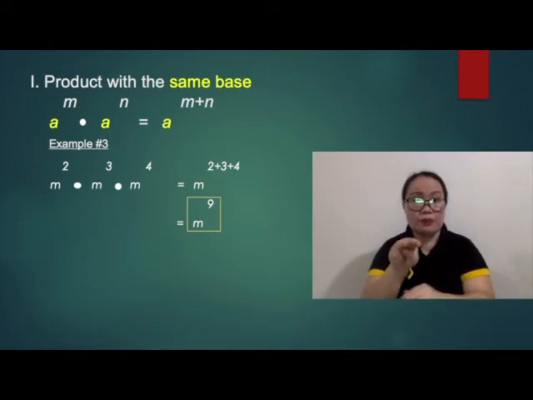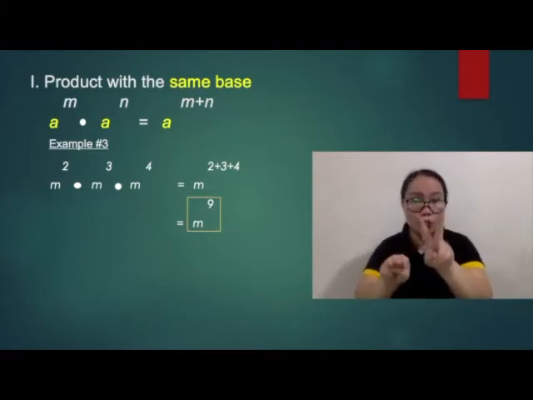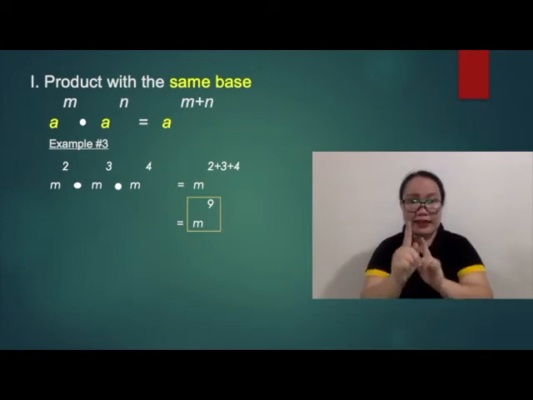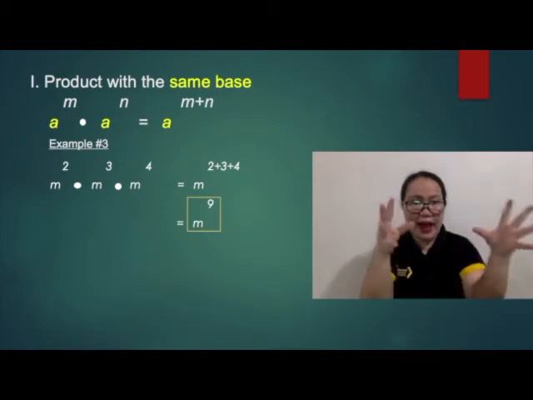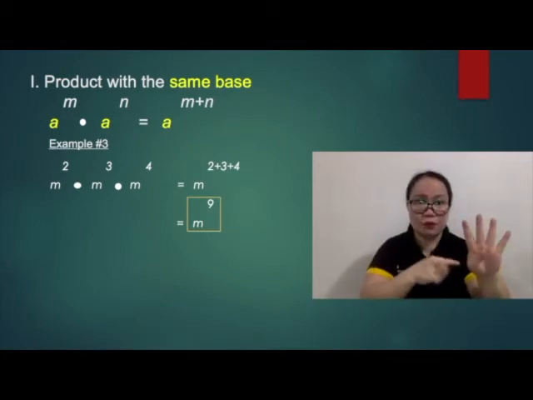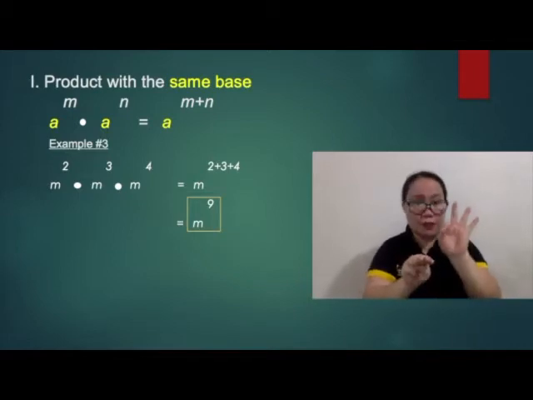So it is equal to m raised to the power of 2 plus 3 plus 4. So the answer is m raised to the power of 9. So add all the exponents: 2 plus 3 plus 4 equals 9. The answer is m raised to the power of 9.